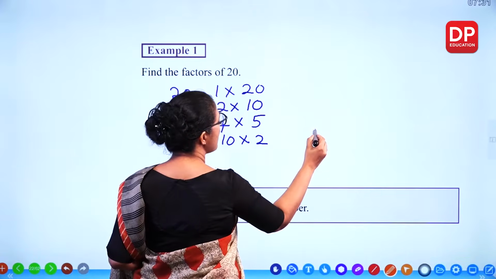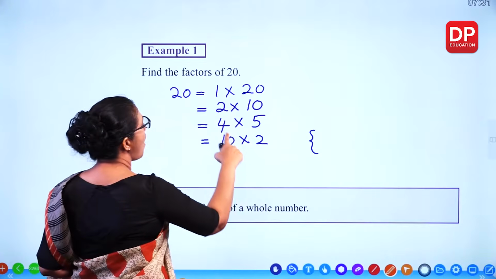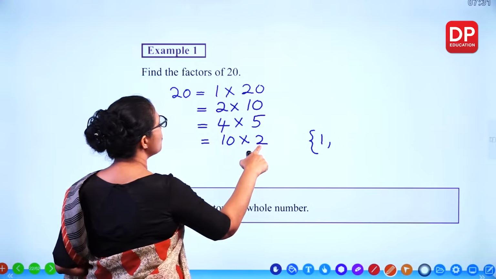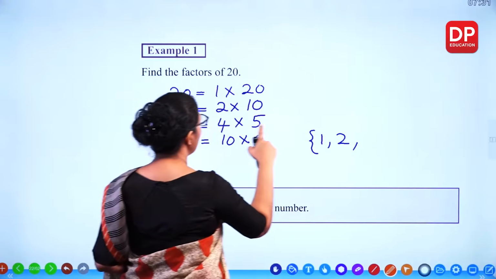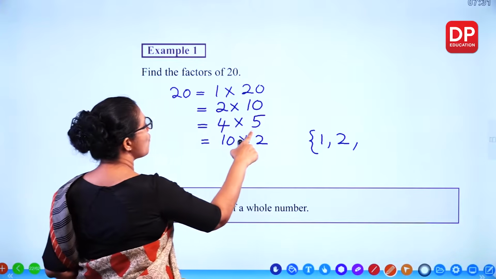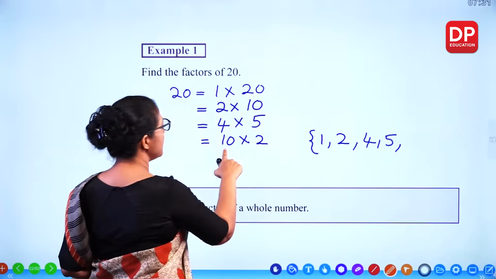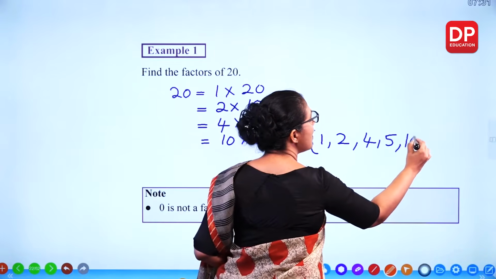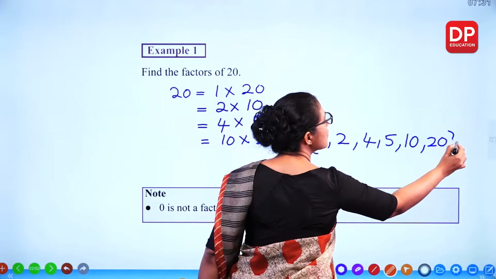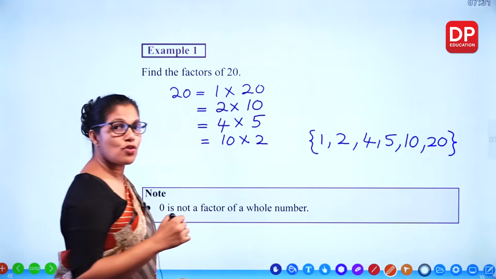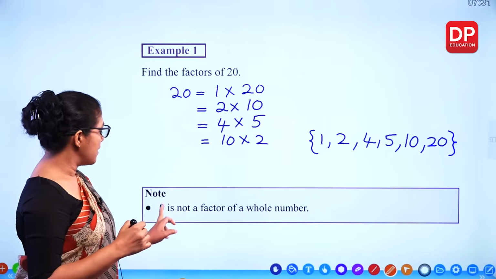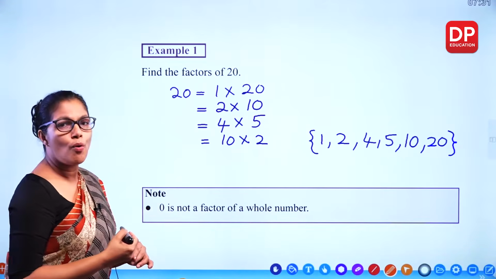We can write down 1, 2, 4, 5, 10 and 20. So those are the factors of 20. And remember, 0 is not a factor of a whole number.